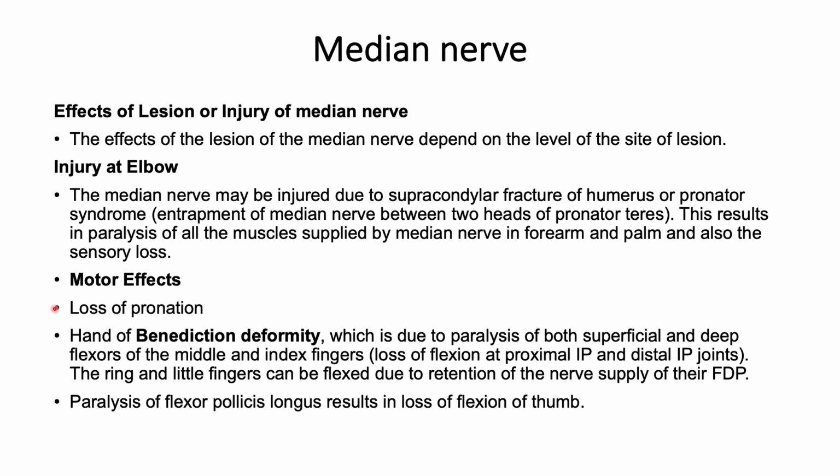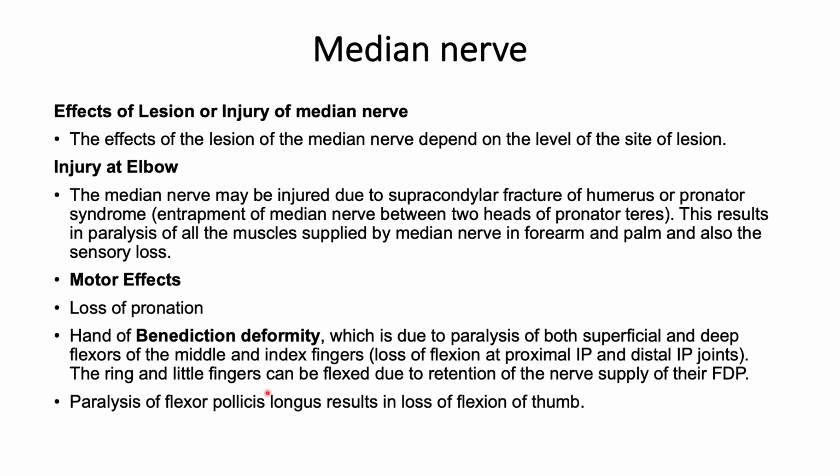This will result in motor effects, that is loss of flexion at the interphalangeal joints. Okay, loss of pronation, and when you ask the patient to make a fist, they have difficulty to flex the interphalangeal joints of the index and the middle finger, but the ring and the little finger will be normal.